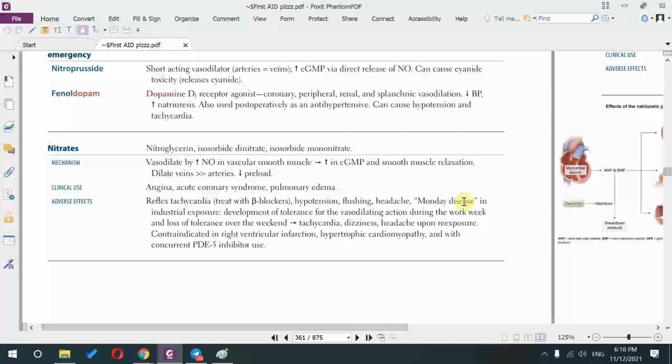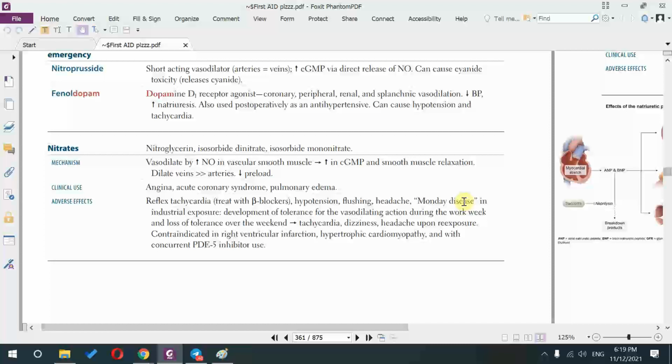Also, it decreases the preload to the lung, which decreases the hydrostatic pressure inside of the vessels of the lung because of the pooling of the blood inside of the veins. So two mechanisms: one is direct on the smooth muscles of the vessels of the lung, and the second one by decreasing the preload from the lung. Both of these help in pulmonary edema because they reduce the amount of fluid going to the lung. We'll speak about this in pulmonology.